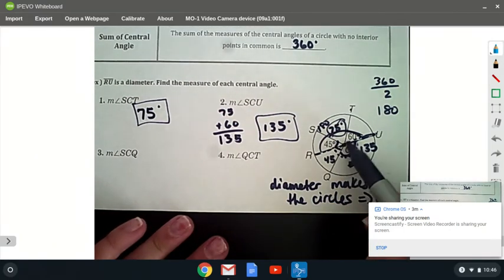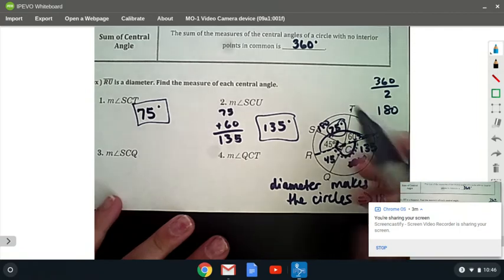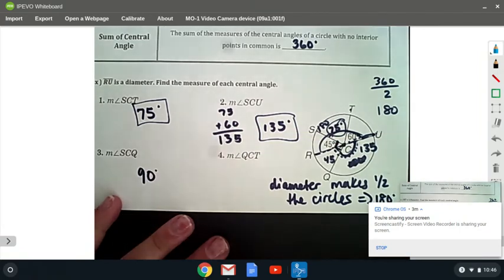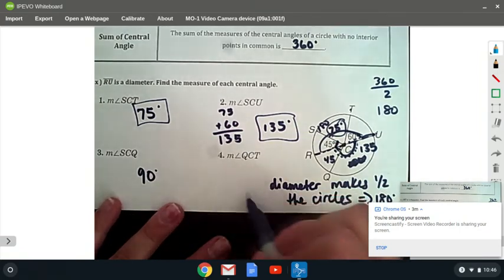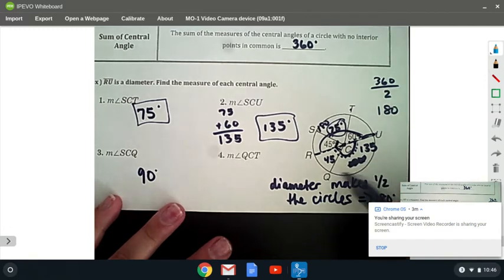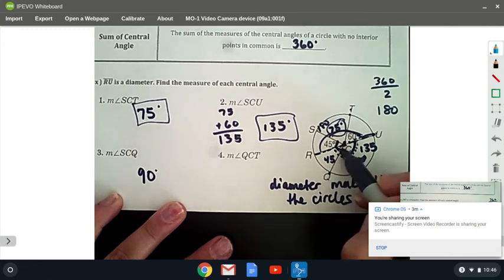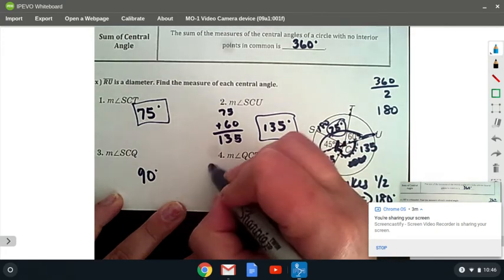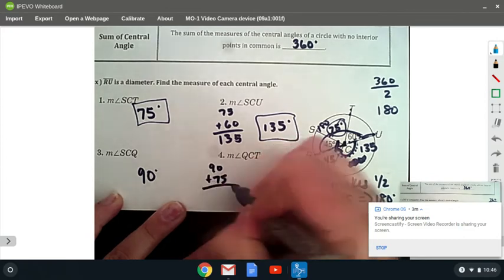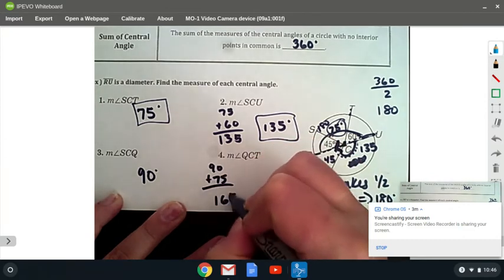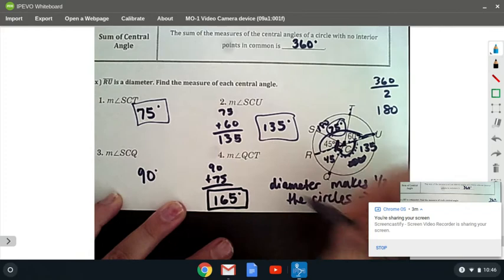SCQ here is that 90. And QCT, that's a big one. I have 45, 90 plus the 75. 90 plus 75 gives me 165.